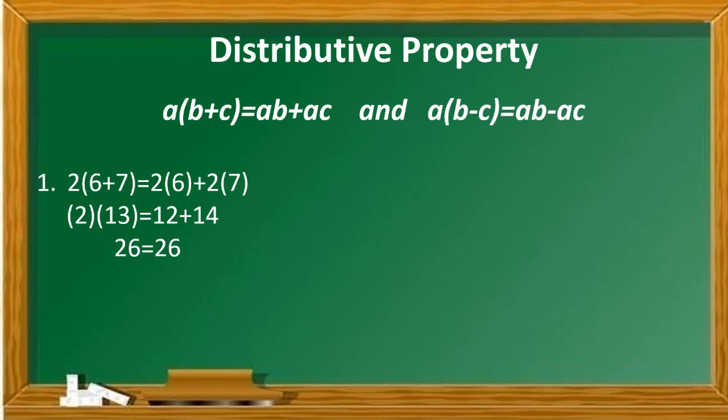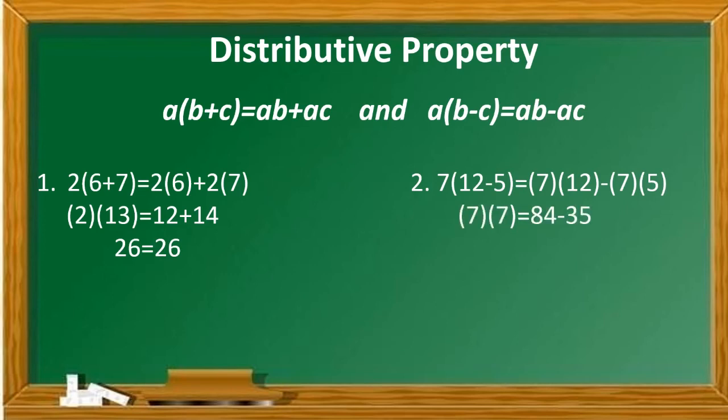Another example is 7 times the quantity of 12 minus 5 is equal to 7 times 12 minus 7 times 5. Then, 7 times 7 is equal to 84 minus 35. The result is 49 equals 49.